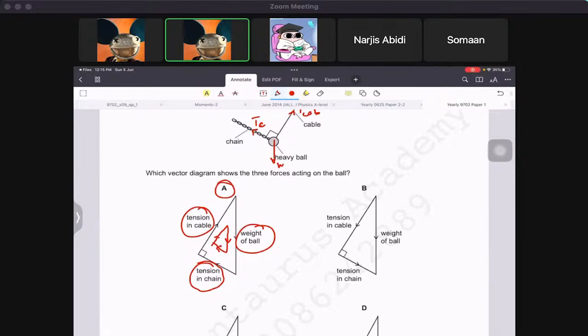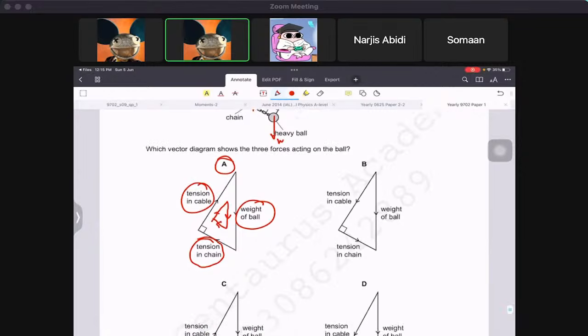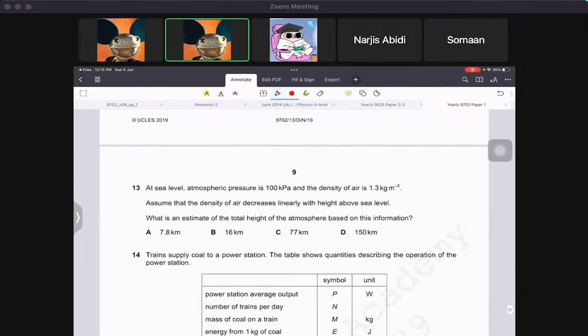Okay. Now, at sea level, the atmospheric pressure is 100 kilopascals and the density is this. Assume the density of air decreases linearly with the height above sea level. What is the estimated total height of the atmosphere based on this information? So assume that this is the surface of Earth, okay? And this is the top of the atmosphere.